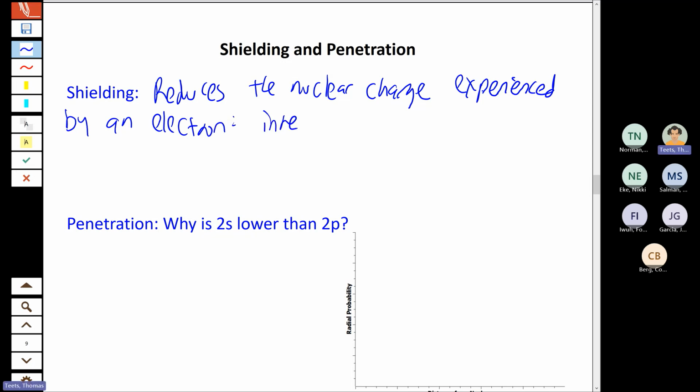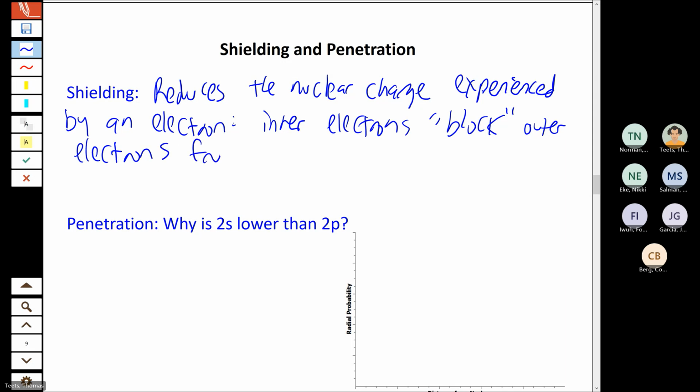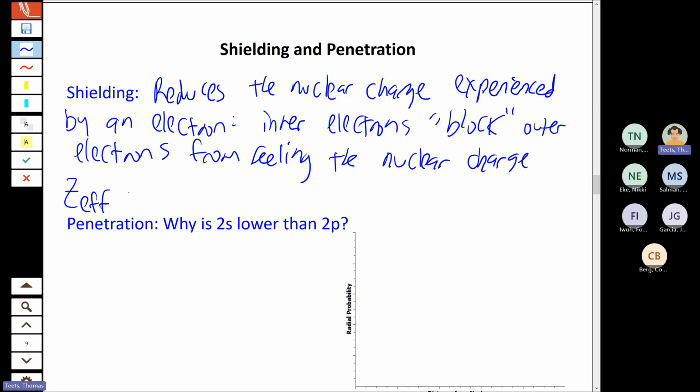If you have inner electrons that are closer to the nucleus, in subshells that have smaller radius, if you want to think about it that way, these inner electrons block the outer electrons from feeling the nuclear charge. So we call this the effective nuclear charge, Z effective, Zeff, and that's going to be smaller than the total nuclear charge for the outer electrons.